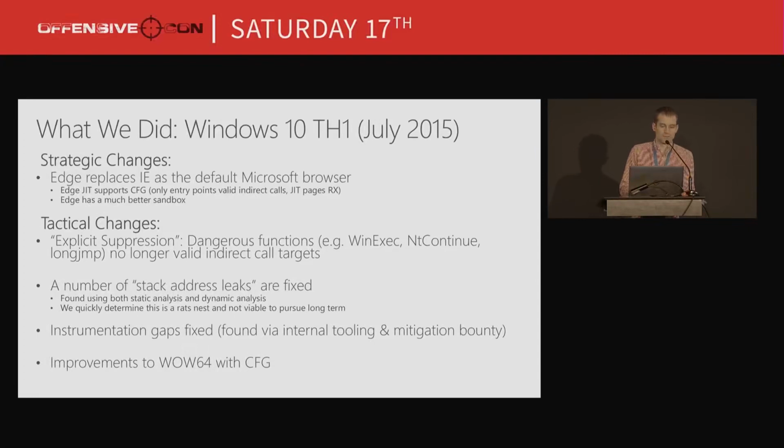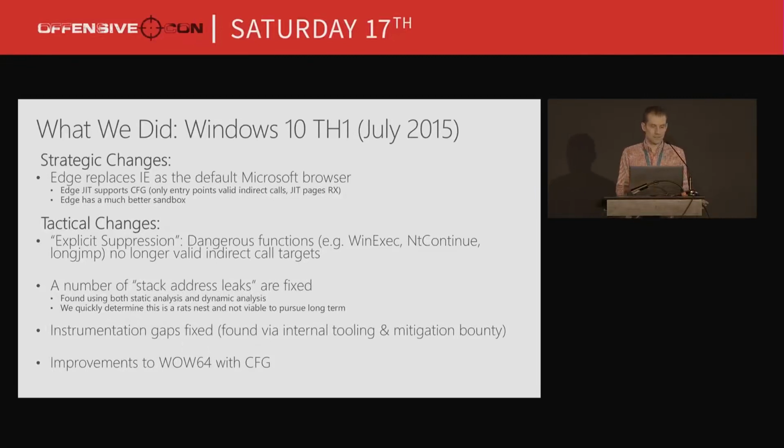We also spent some time trying to find areas where stack addresses were being leaked onto the heap or into global variables, because that was another thing that we had seen at Pwn2Own. But we quickly realized that there was no way we were going to be able to find all of these.